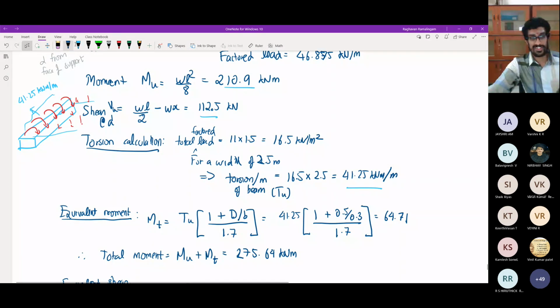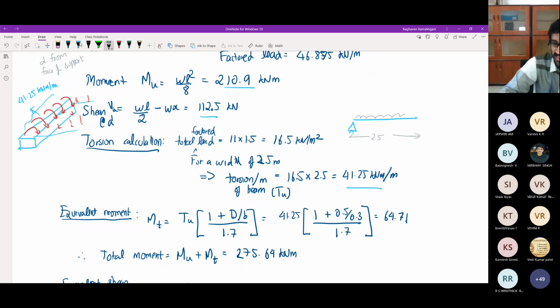Actually, there should be another into 2.5. So this is actually W into L. That's what I've done here.